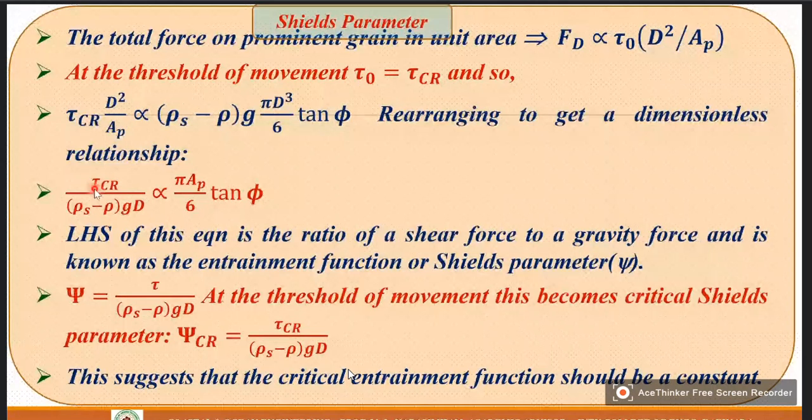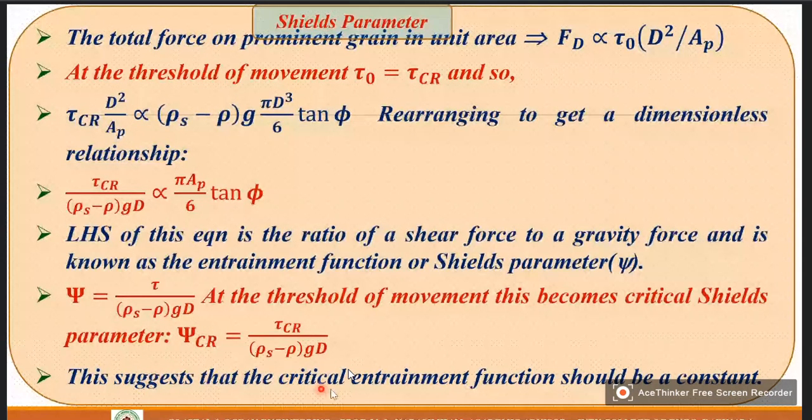So in general, tau divided by submerged density multiplied by g and d is the Shields parameter. When we replace tau by the critical value of tau, it is called the Shields critical parameter.